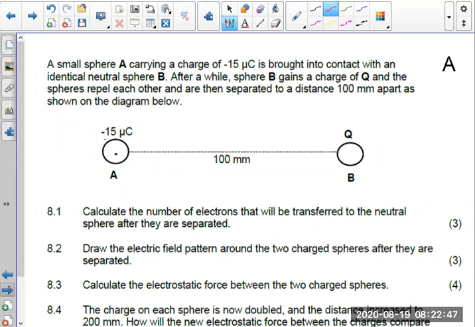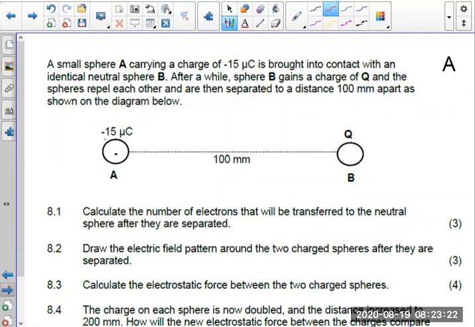Next we start to do a few examples. Now let's look at example A, which I got out of old grade 11 papers. They say a small sphere A carries a charge of minus 15 microcoulomb and is brought into contact with an identical neutral sphere B. After a while, B gains a charge of Q and the spheres repel each other and are then separated to a distance of 100 millimeters apart, as shown in the diagram.